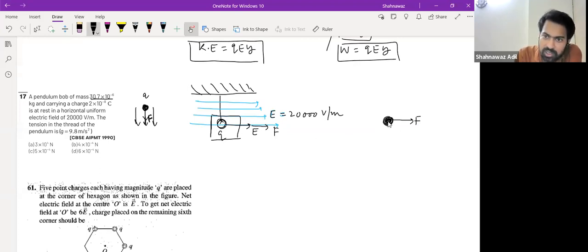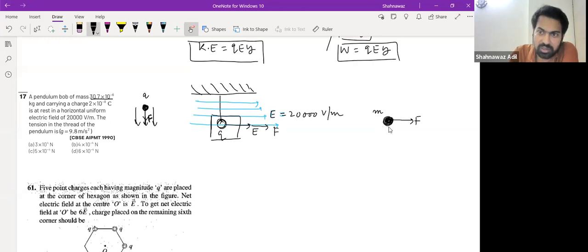So what is the other force that is acting on this mass? Due to mass, what is the force that acts on this mass? So let's say this has some mass. What would be the force acting on this mass?